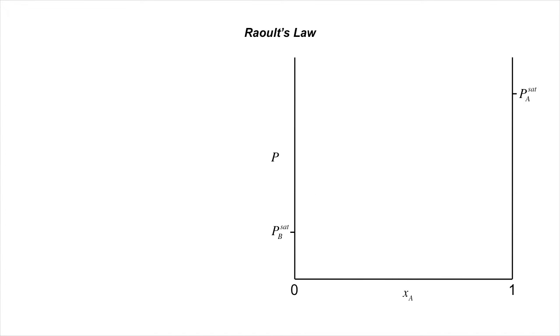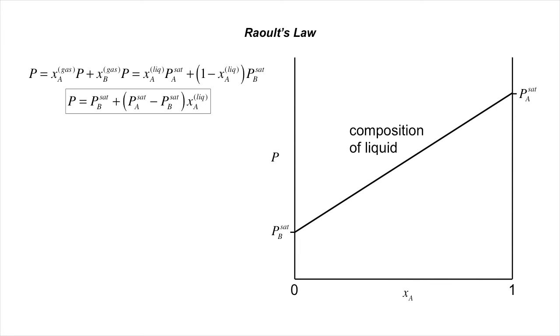This is easily answered by plotting P versus XA liquid and XA gas. For the liquid, we can say that the total pressure will be a sum of the partial pressures of A and B, which in turn are proportional to XA in the liquid, according to Raoult's law. Rearranging to isolate the intercept and slope, we get a straight line extending from PB sat to PA sat, as XA liquid goes from 0 to 1.